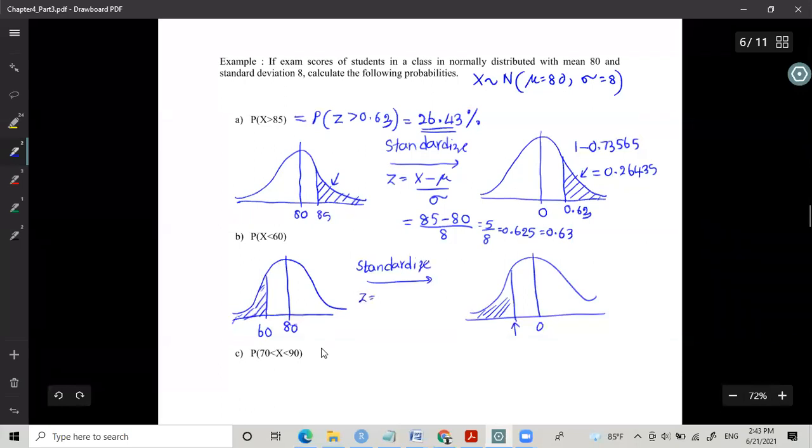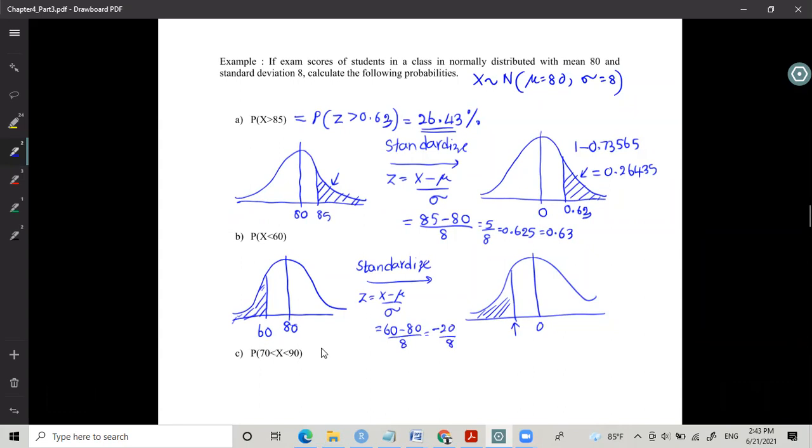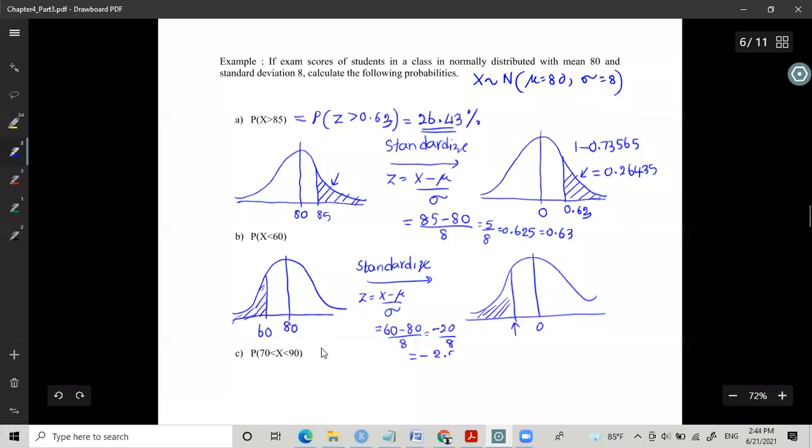So what is the Z score? X minus mu over sigma, which is 60 minus 80 over 8, which is negative 20 over 8. The Z score will be negative 2.50.